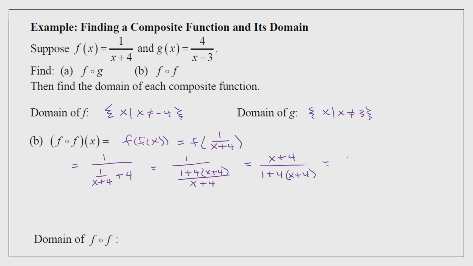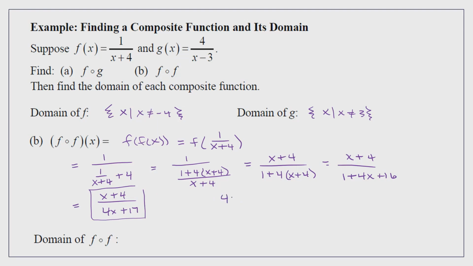I can then distribute the 4 in the denominator: 1 plus 4x plus 16. I can combine like terms in the denominator, so I have x plus 4 divided by 4x plus 17. That is our expression for f of f of x.